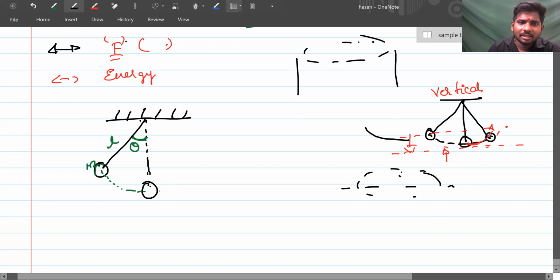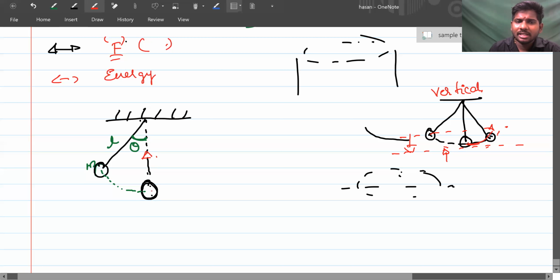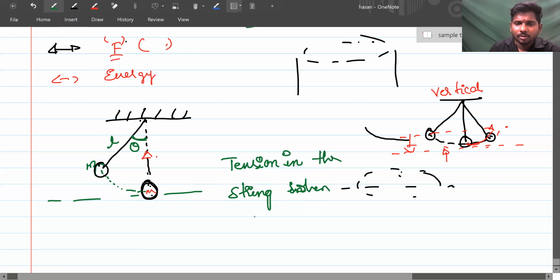Now if I ask you what is the tension in the string when the ball is at the bottommost point, you can try out this question.